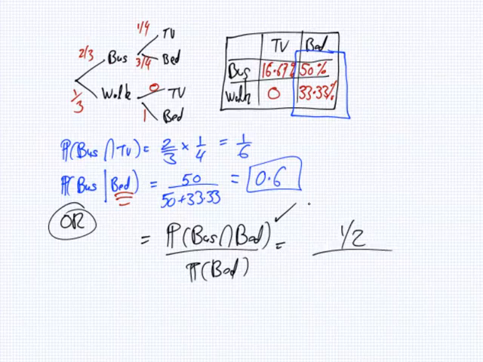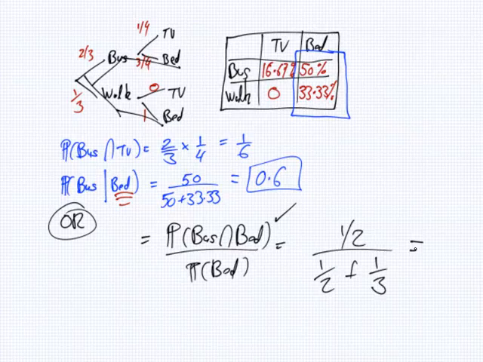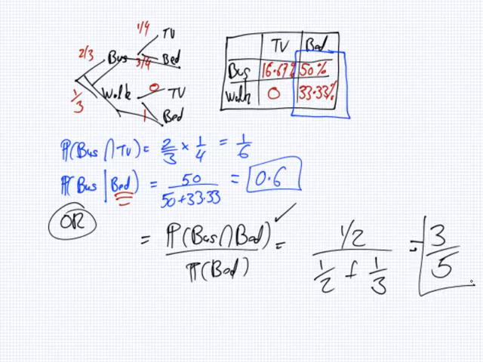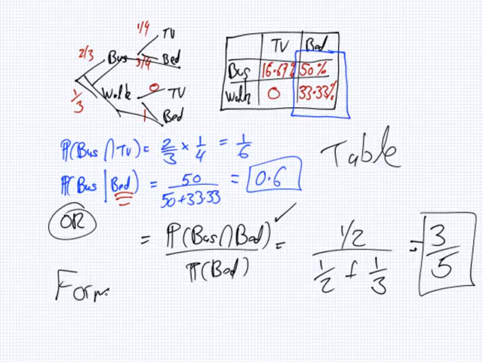And the probability of bed will be bus and bed, which is 1 over 2, plus walk and bed, 1 over 3. It should be the same. It would be a problem if it wasn't. So this way is by using a table, and this way is by using the formula.